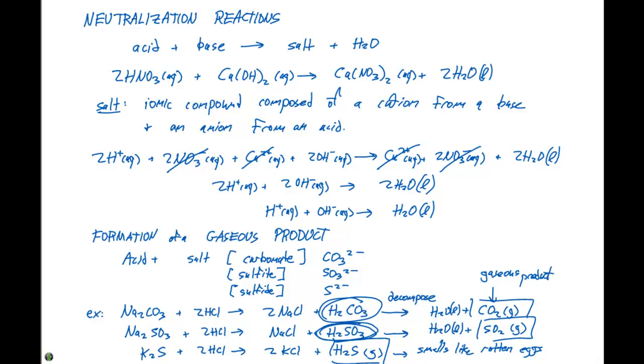So these are the types of reactions that we observe when we look at acids and bases and how we can combine them. Make sure you know what acids and bases are, know the strong acids and strong bases, and know how we define a salt. Then we can look at the properties and the reactions that take place when we add those two together.